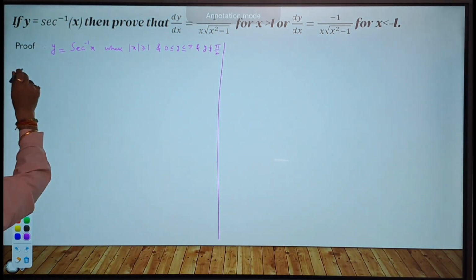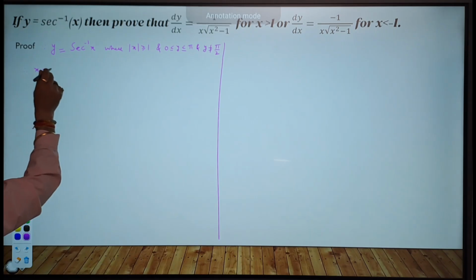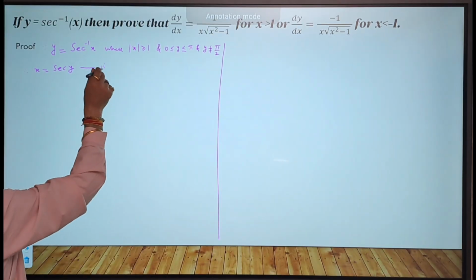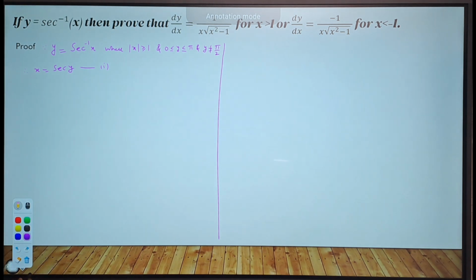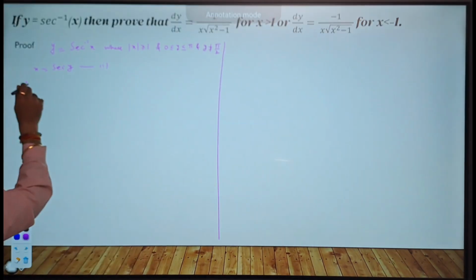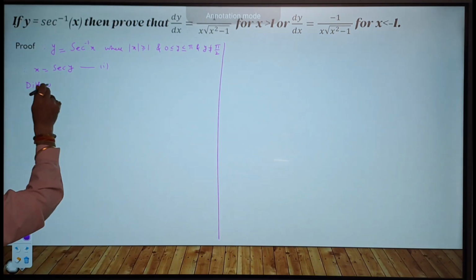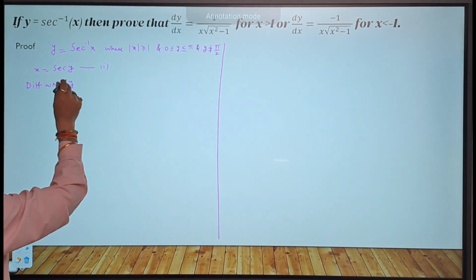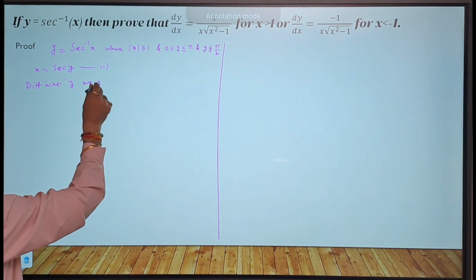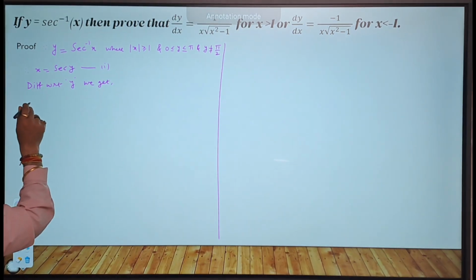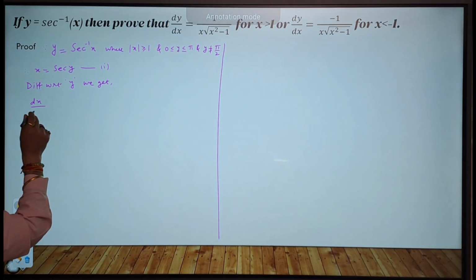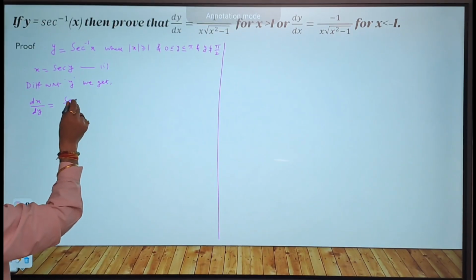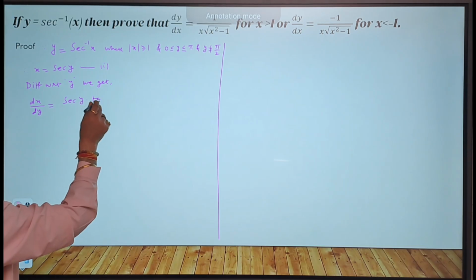So x is sec y. Differentiating with respect to y, we get derivative of x with respect to y is sec y into tan y.